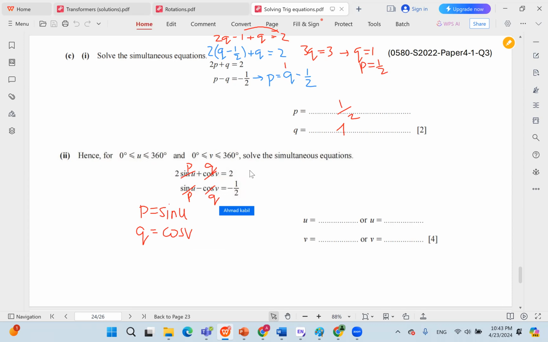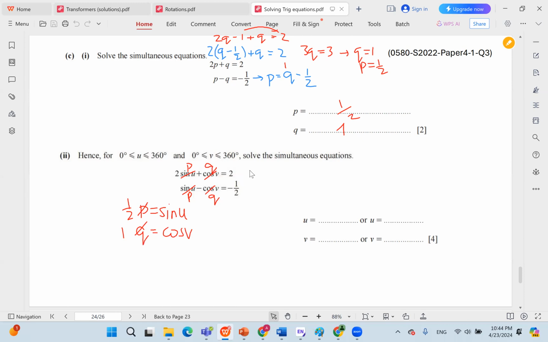So 2p plus q equals 2 and p minus q equals negative half. So we don't really need to work our way through the equation again. We can use the solutions that we got above to substitute p and q. So here sine u is equal to half and cosine v is equal to 1. So these are both positive.